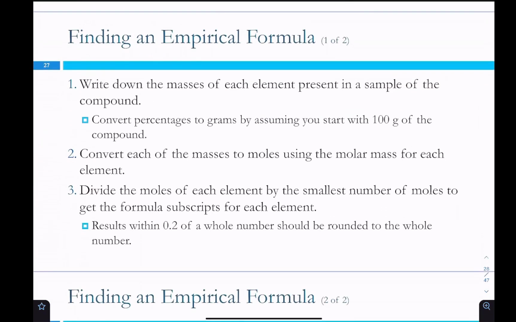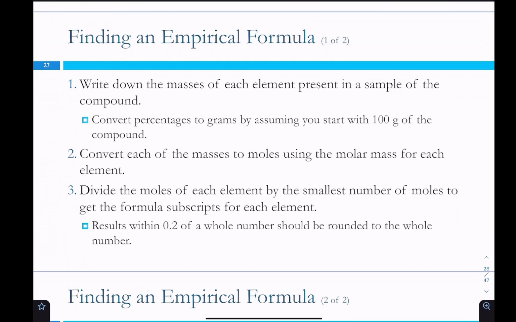So the steps for this, again, very procedural, meaning if you follow these steps, you'll get to the right answer every time. You write down the masses of each element present in a sample of the compound. You convert percentages to grams by assuming 100 grams. That makes things easy because you just change it from a percentage to grams, and you're done.